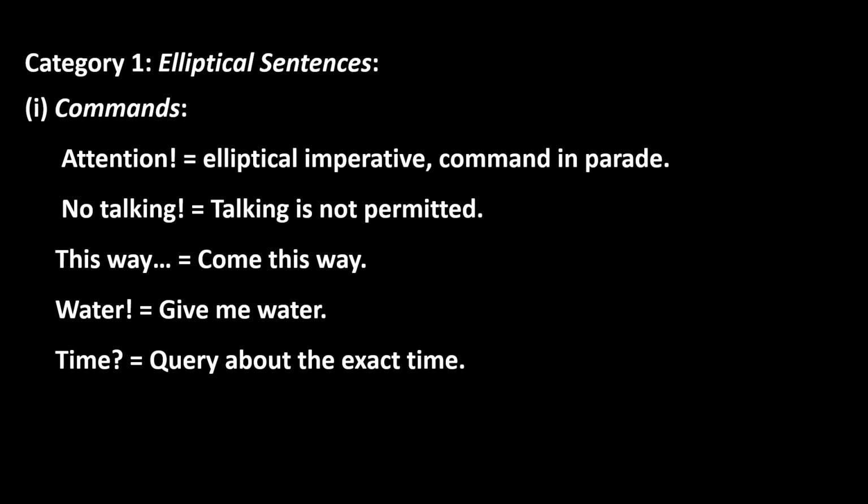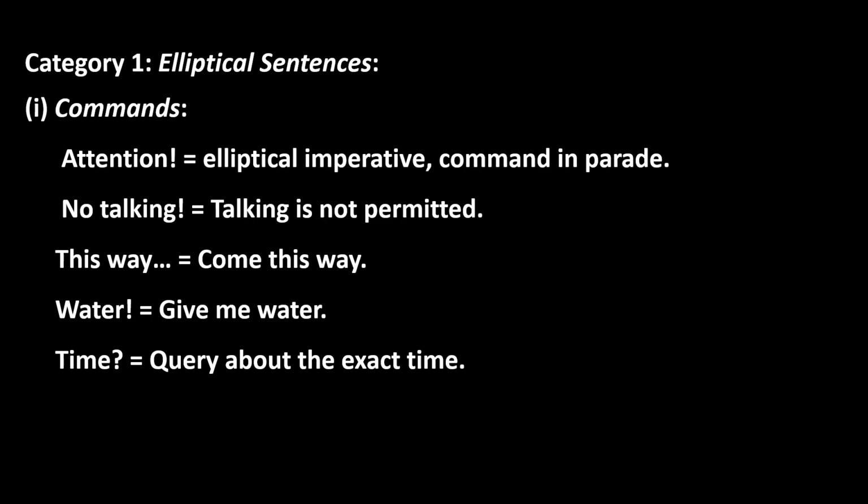"Time," you're inquiring. If I say, I'm going to Mumbai on Wednesday, you may ask "time," meaning at what time you are going, right? I tell you, I'm going to Mumbai tomorrow. "Time" means you are asking me about the time. So this is a complete sentence.